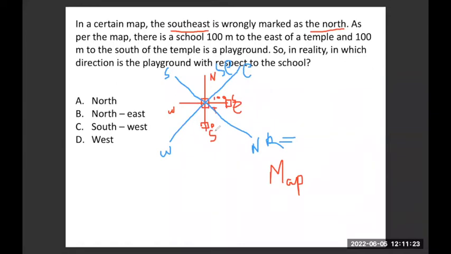In which direction is the playground with reference to the school?